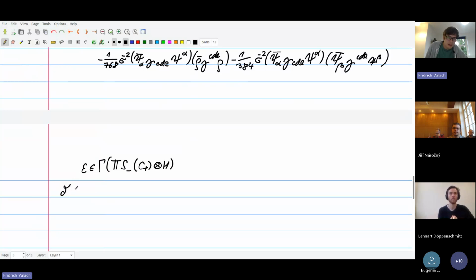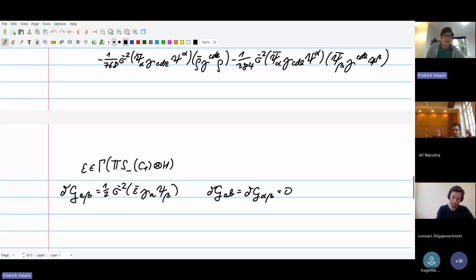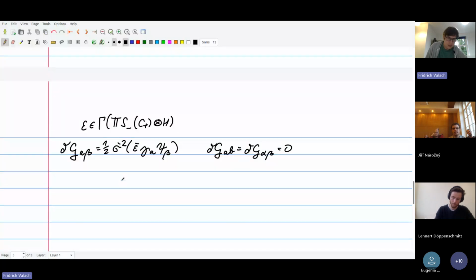The way supersymmetry acts is that it changes this endomorphism G by epsilon bar gamma A psi B, while the other bits, alpha and beta, are 0. So it is only the plus-minus bit that gets deformed. This is not too important. The half density transforms in a way that involves the Latino.